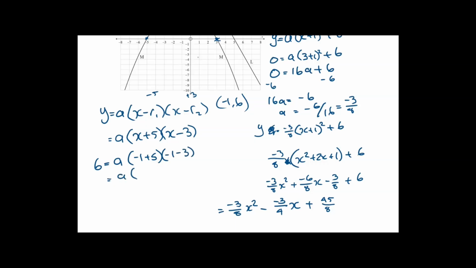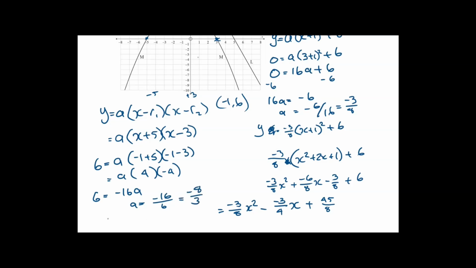So that's going to be a times -1 plus 5 is +4 and -4. So 6 is going to be -16a. A is going to be equal to -16/6, which is the same as we had before.